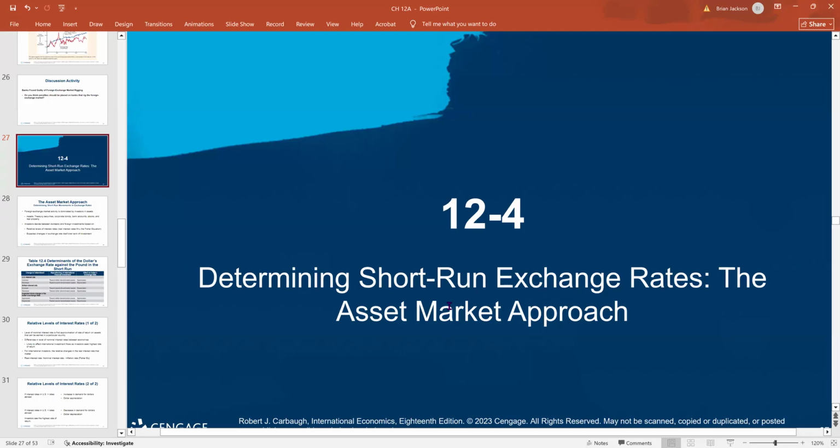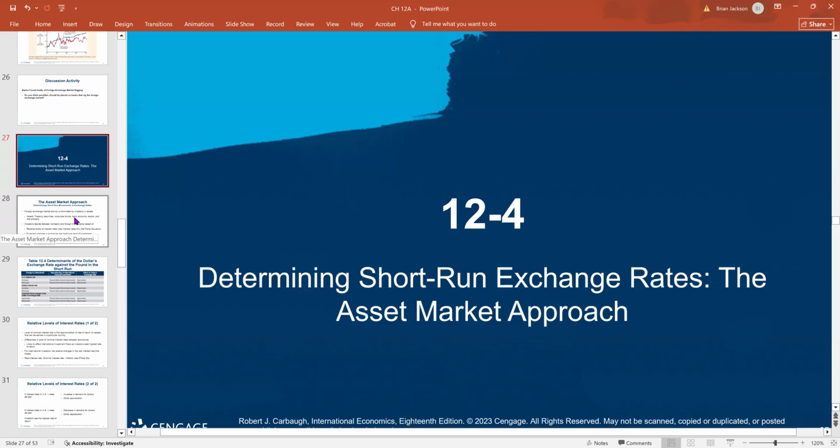So when we talk about the asset market approach, we're going to look at how real interest rates affect the exchange rates, and whether people want to obtain pounds to buy British bonds, or they want to obtain dollars to purchase dollar-denominated financial assets, like not only dollar-denominated bonds, treasury bonds, and so forth, but stocks and so forth.